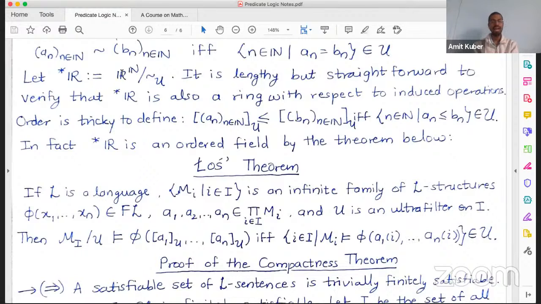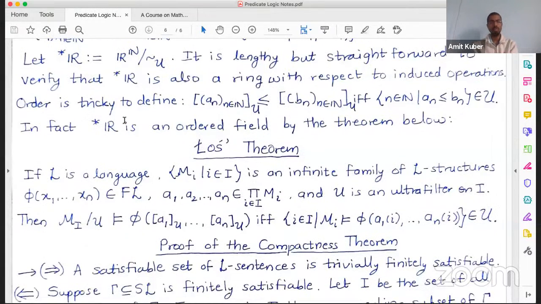So star R is an average of natural-number-many copies of real numbers, and that is how we have to view it, as an average structure. What is more important is that it is in fact an ordered field.